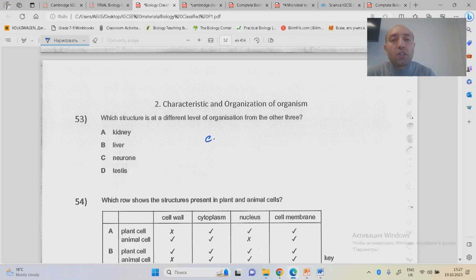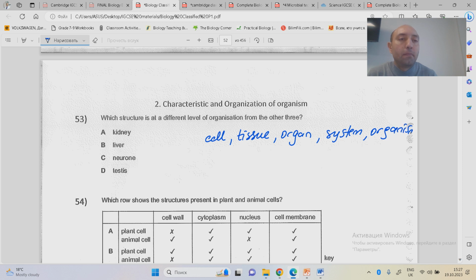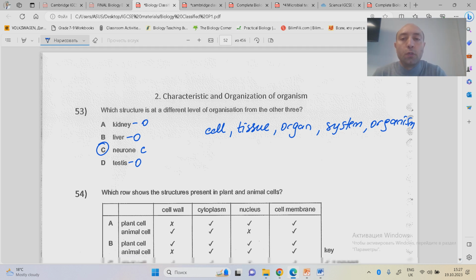You know that organization is this one: cell, tissue, organ, system, and organism. These are 5 levels. Kidney is an organ, liver organ, testis organ, but neuron is just a cell. Answer is C. Neuron, you know, is another name of nerve cell.